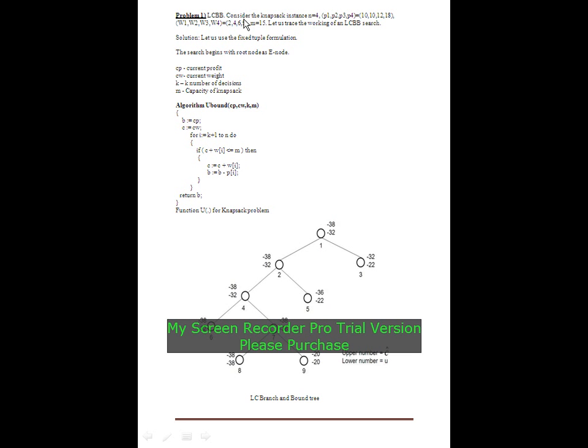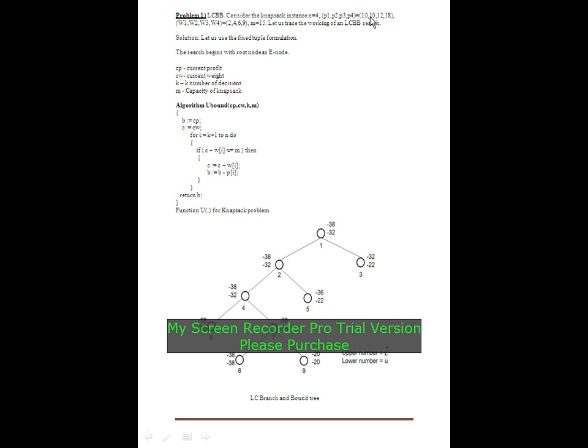So 5 by 9 into 18. So 5 by 9 into 18 means 10. So how much profit we are obtaining? 10 plus 12, 22 plus 10, 32. So that is minus 32. Remove the first item and calculate the remaining 3 which can fit in this knapsack of size 15. So that is the second calculation.